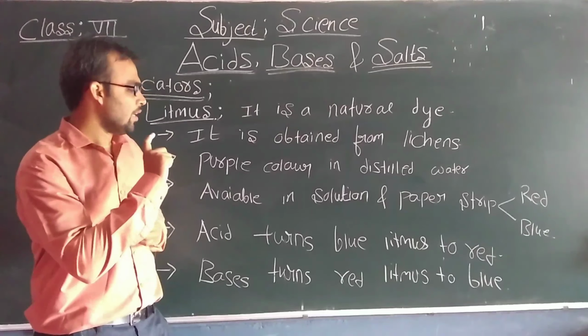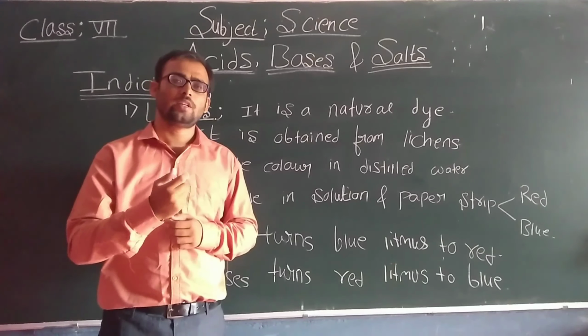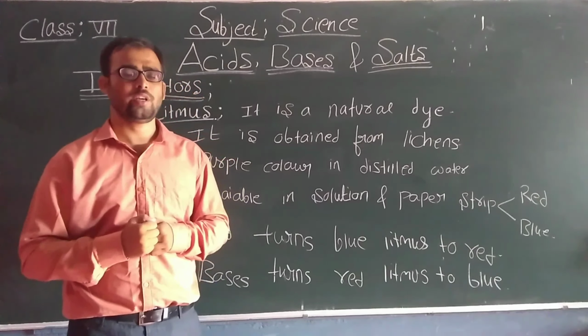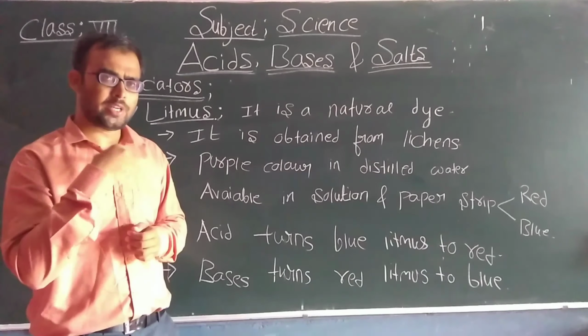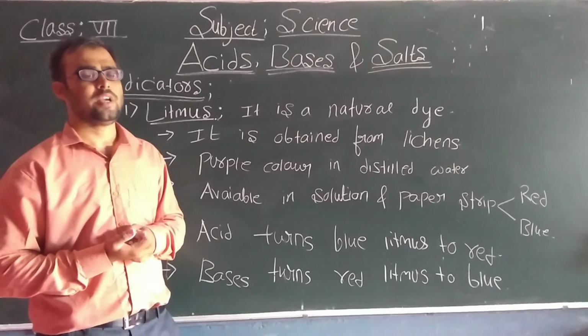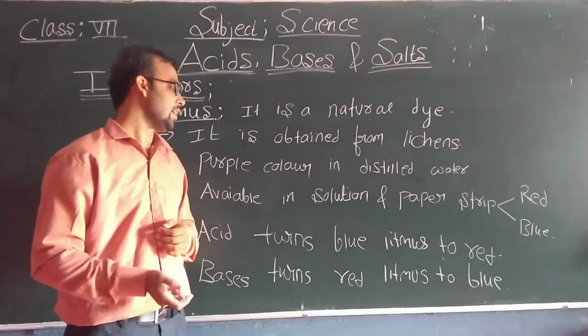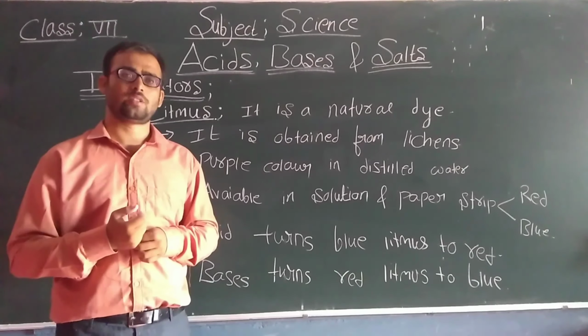So if blue litmus paper turns to red, it indicates that it contains acids. If red litmus paper turns to blue, it indicates that the substance contains bases.